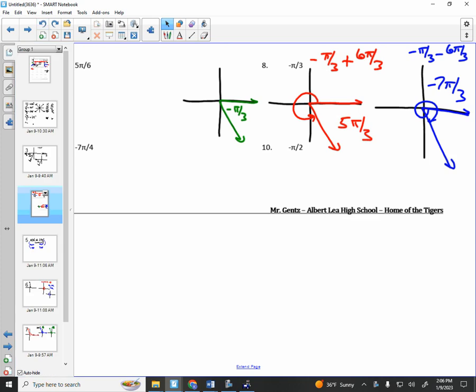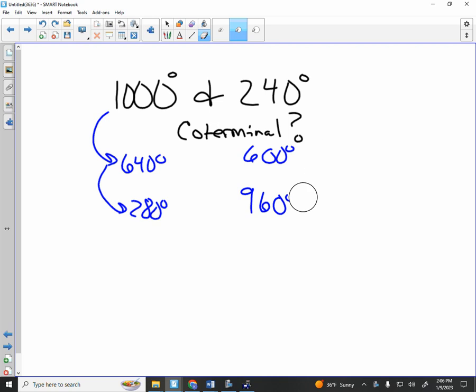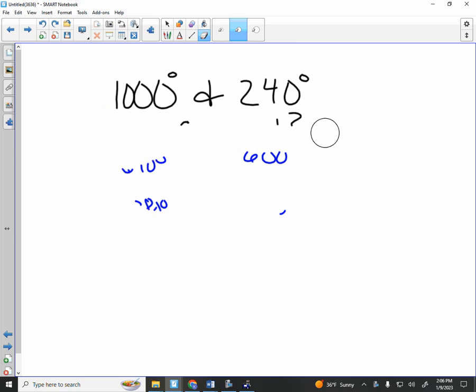The last thing I would like you to consider right now is this. Are the angles 1,000 degrees and 240 degrees coterminal, yes or no? Talk with the person next to you. How could you even determine whether or not they're coterminal? Talk, see if you can figure it out.